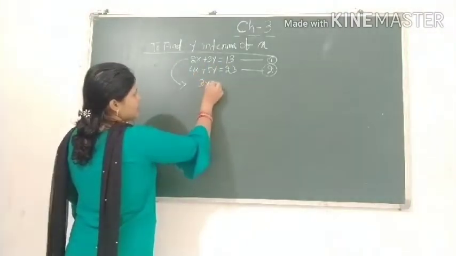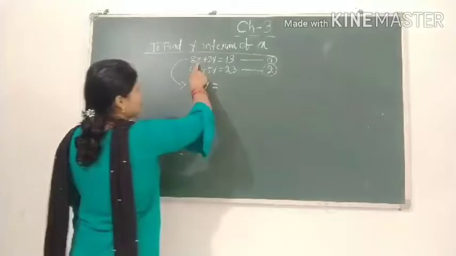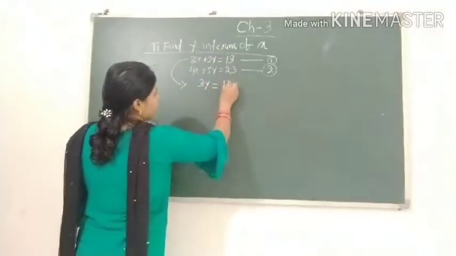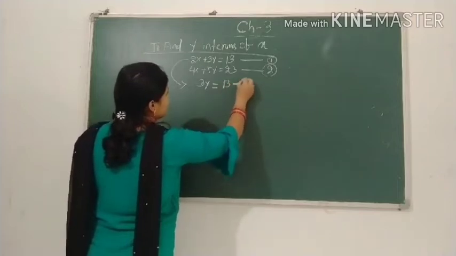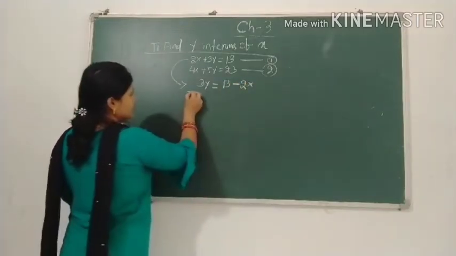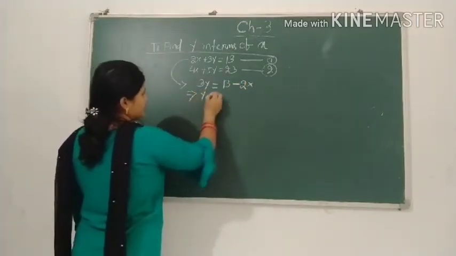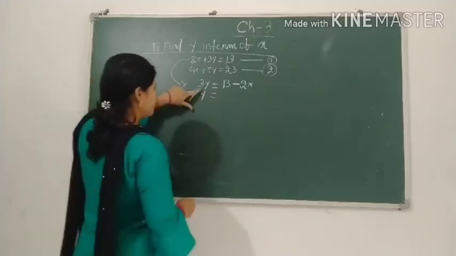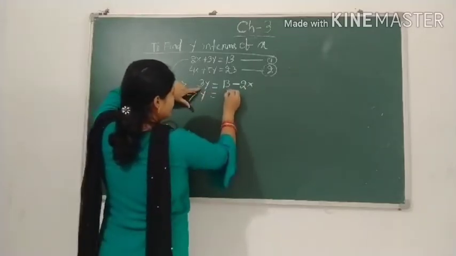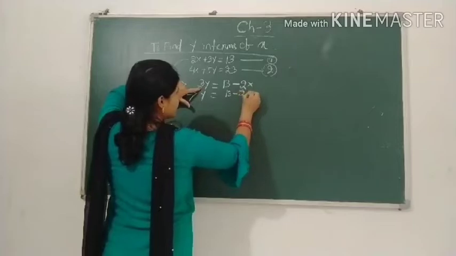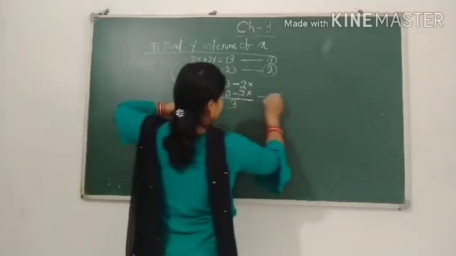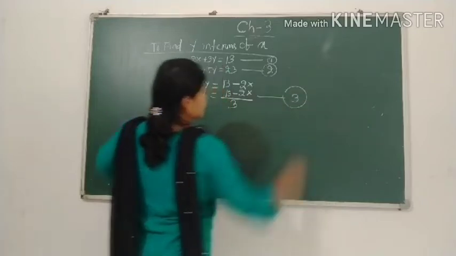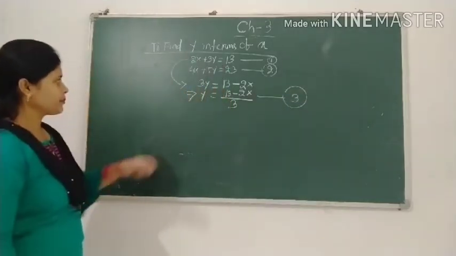So 3y is equal to 13 minus 2x, with 2x coming on the right-hand side. Then y is equal to 13 minus 2x divided by 3. Let's take this as equation 3.